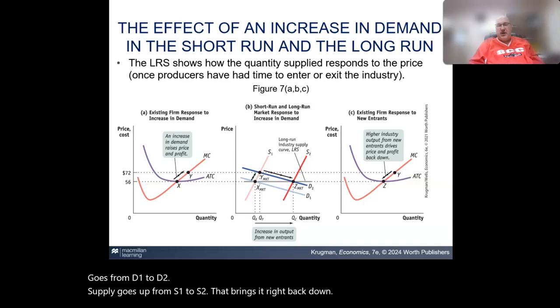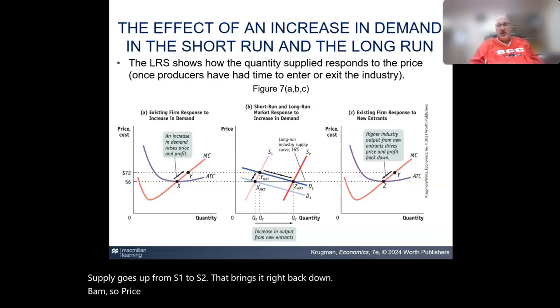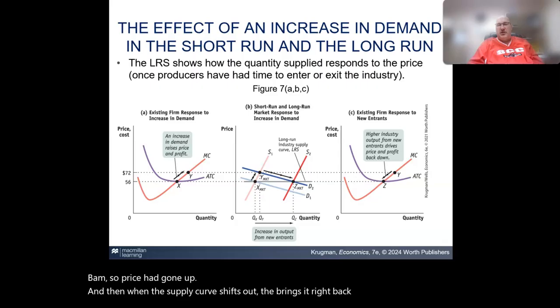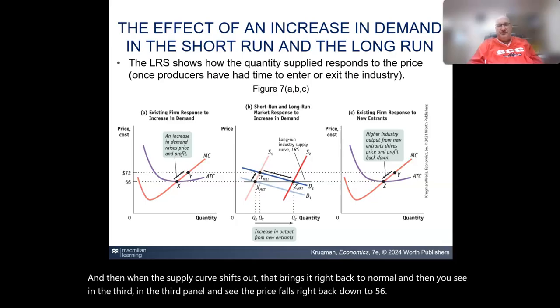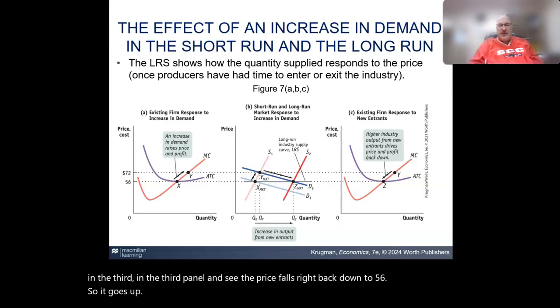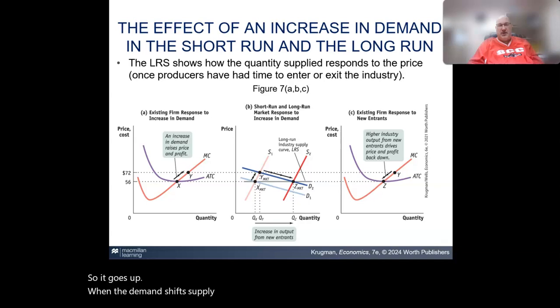Bam. So price had gone up, and then when the supply curve shifts out, it brings it right back to normal. And then you see in the third panel, in C, the price falls right back down to 56. So it goes up when the demand shifts, supply then shifts because, hey, price is higher, firms enter.